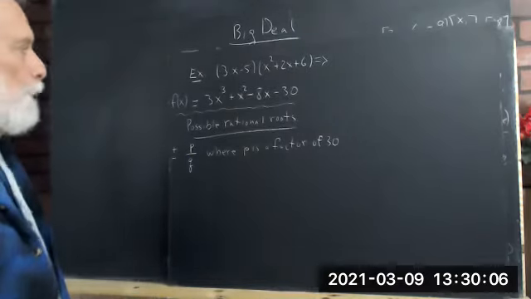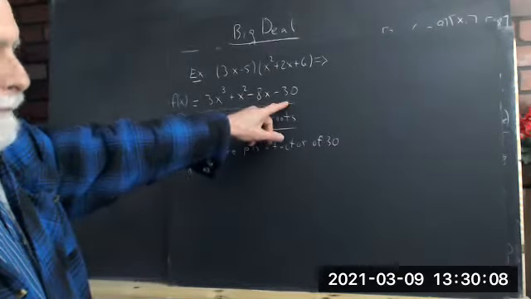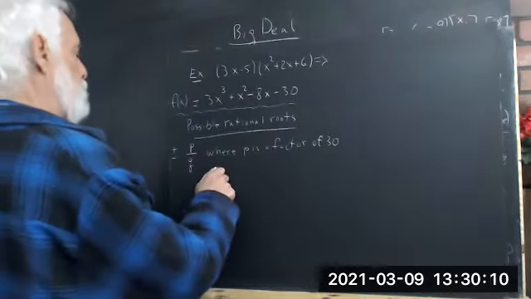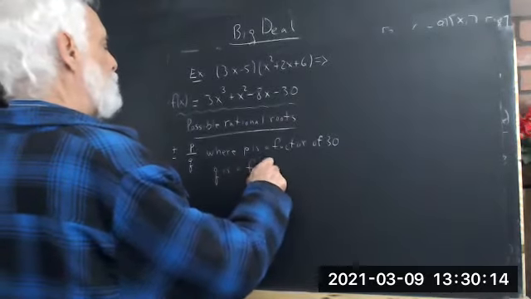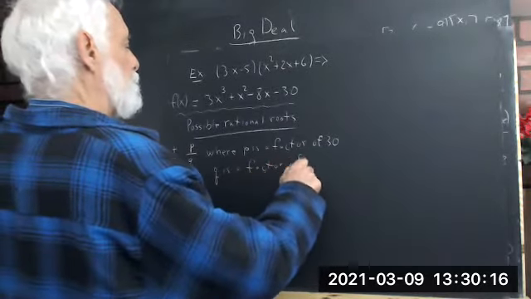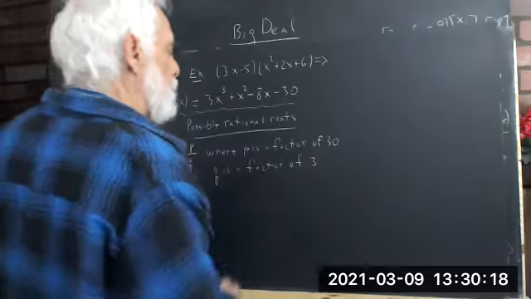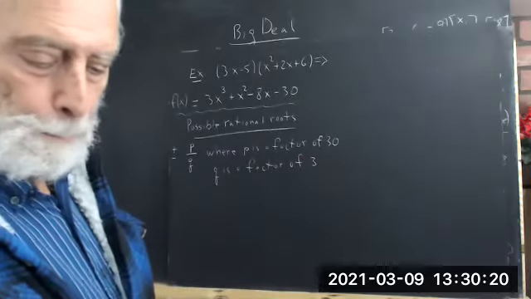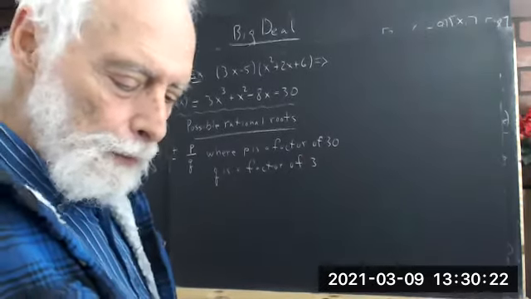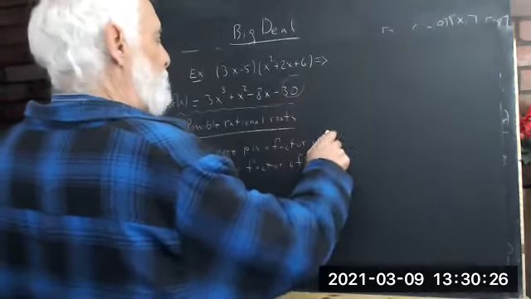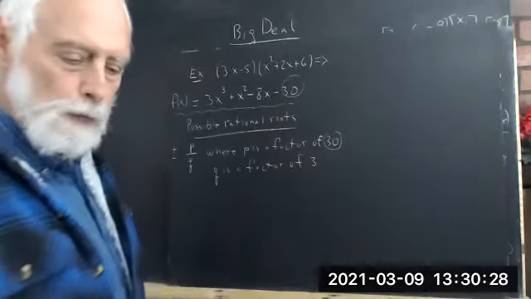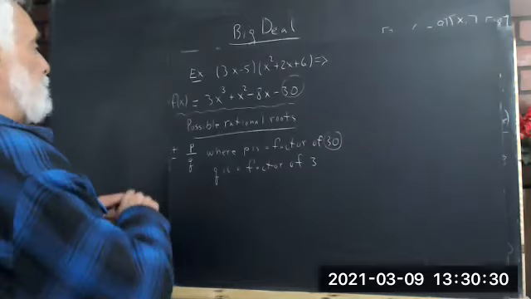P is a factor of 30, and Q is a factor of 3. Where do we get the 30 and the 3? Well, the 30 is here, and the 3 is here.